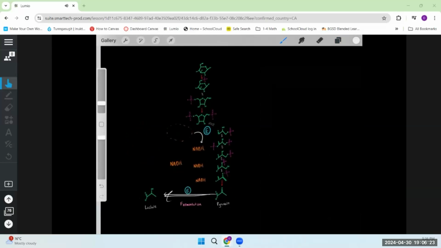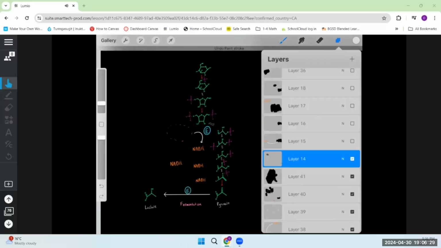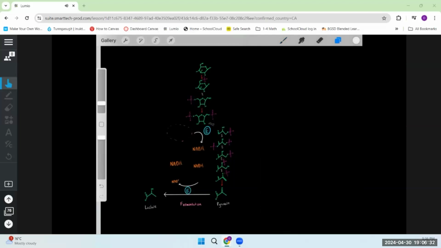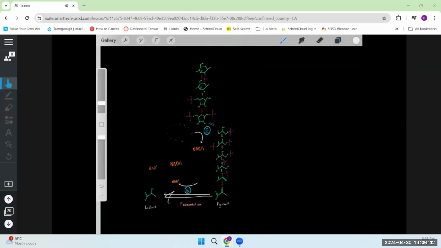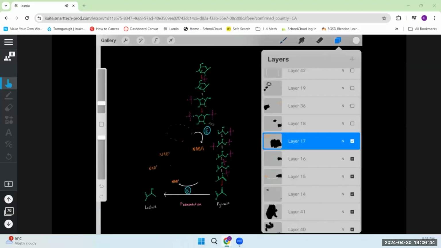Well, to do fermentation, we need this enzyme to function. And for this enzyme to work to allow this step to occur, it must take these NADHs and convert them into NAD+. So as we convert these pyruvates into lactate, we're taking NADHs and converting them into NAD+. So now we keep on doing fermentation and we keep producing these NAD+.